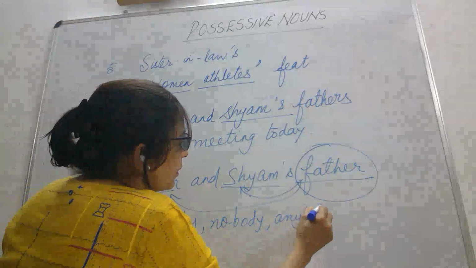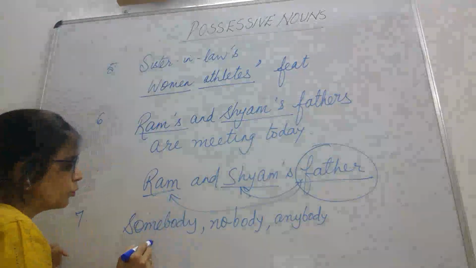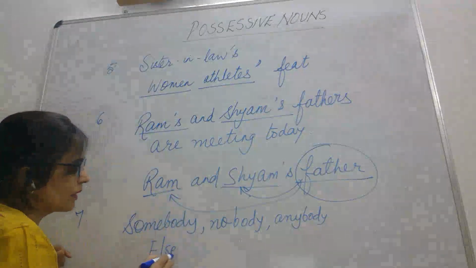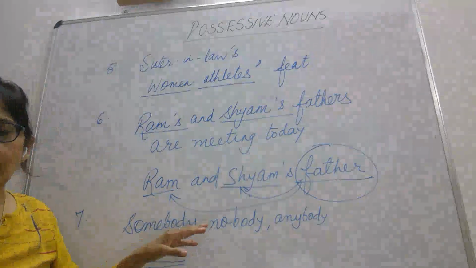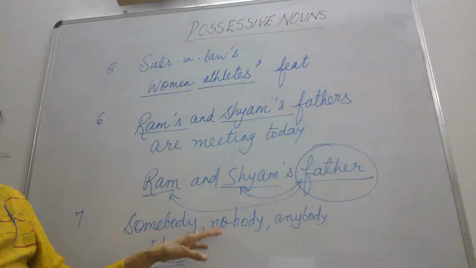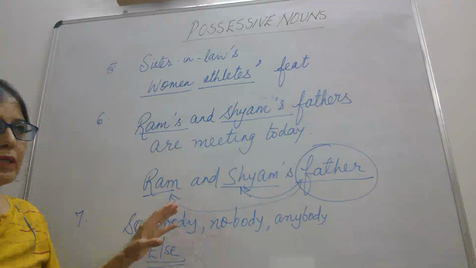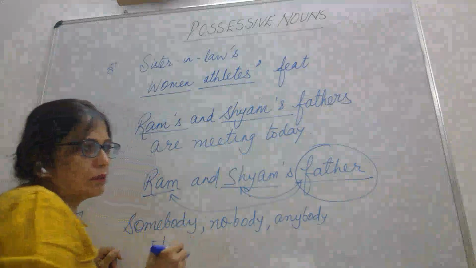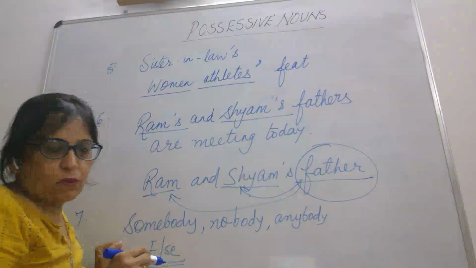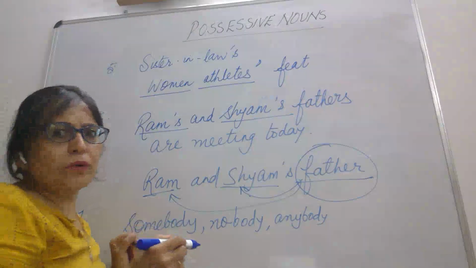Okay, and when we have to use the word else with them, how do we use it? For example, this is his book. Is this his book?